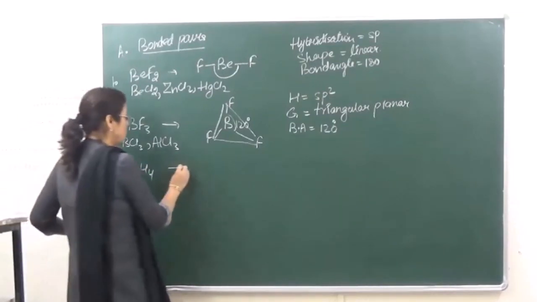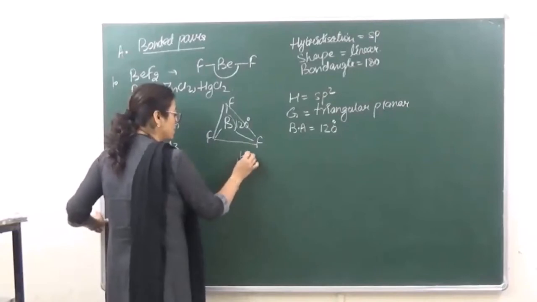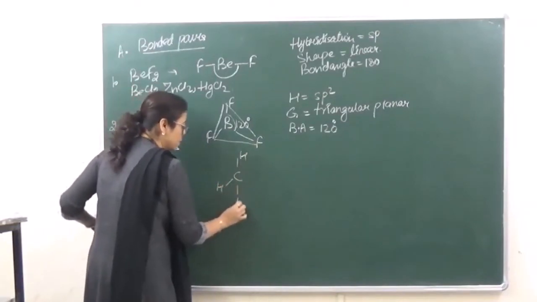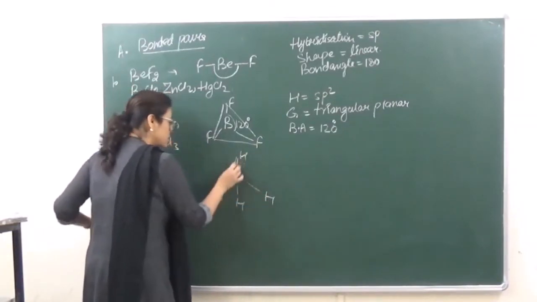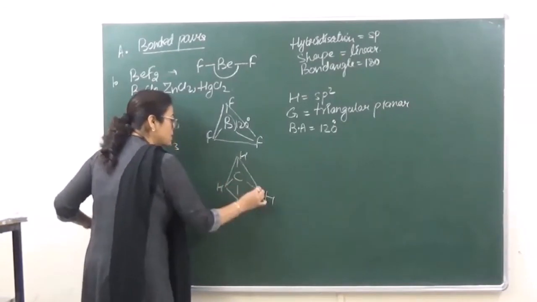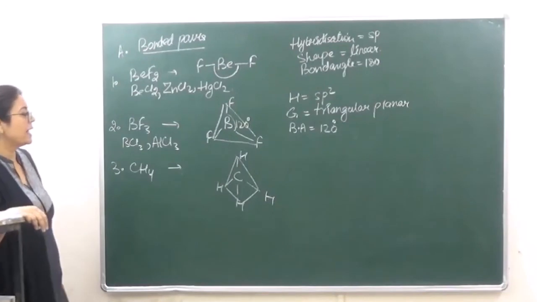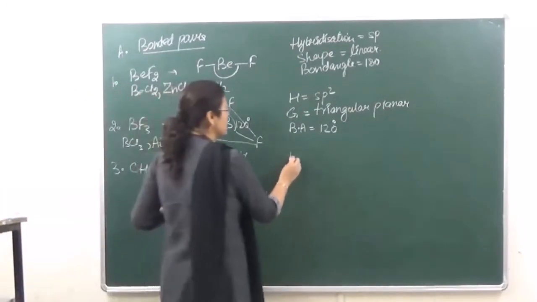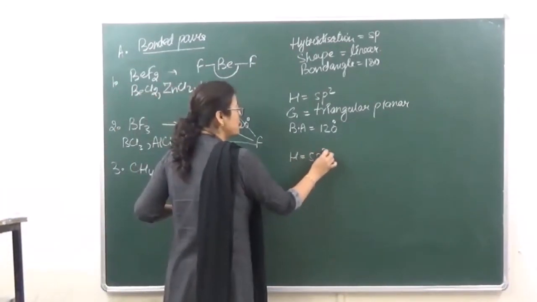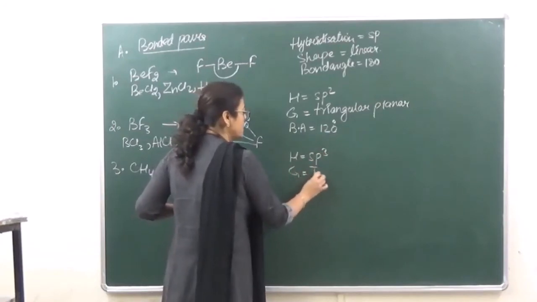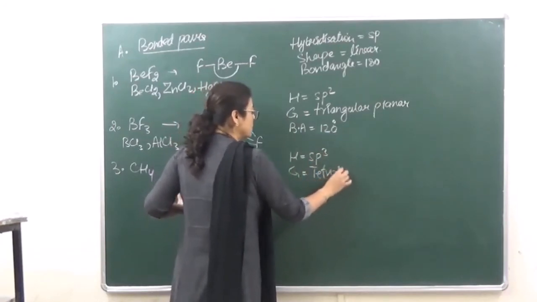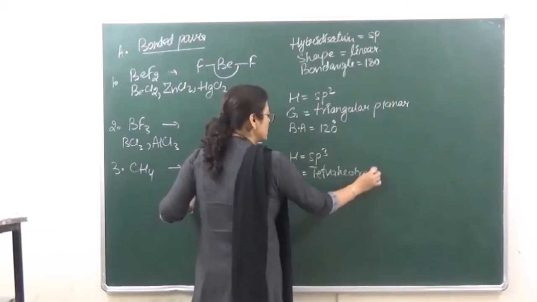Then we have the third type, CH4. This is CH4, right? Hybridization in this case is going to be sp3. Geometry is tetrahedral.